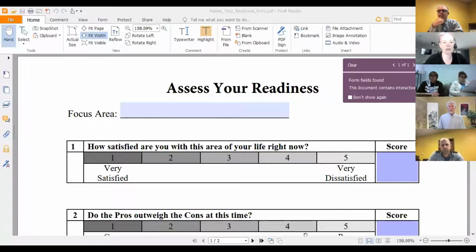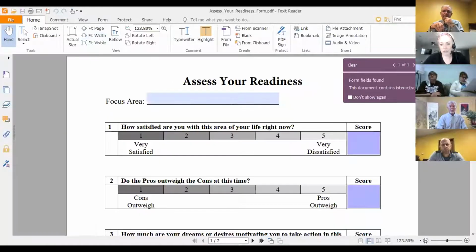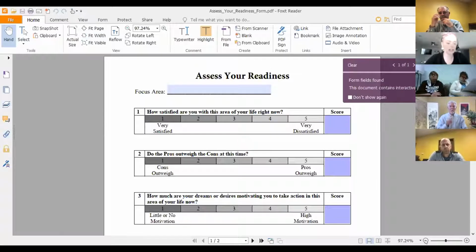It's going to be wonderful for students. I don't know how it will look or how it will be molded to fit your needs, but I have used it in my own goal setting to figure out what my goals even are, to figure out if it's the right time. And so I'm going to kind of decrease my screen there so you can see it a little bit better. It should probably be in front of you too.